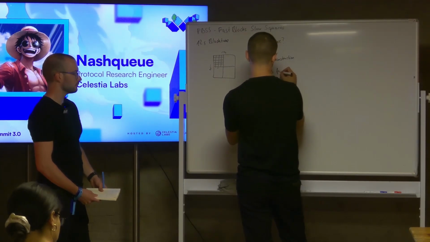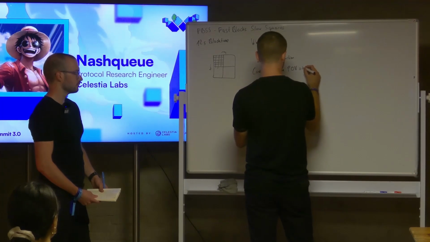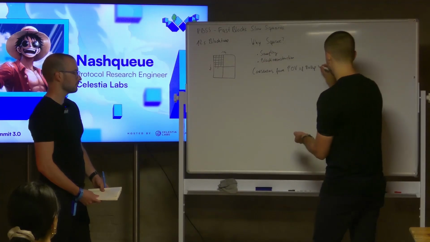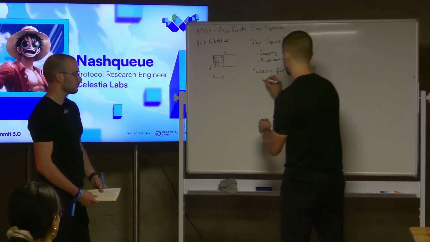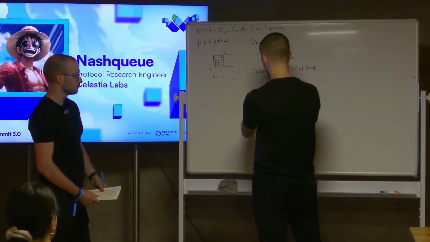From the point of a rollup, what does consensus give? It gives inclusion and sometimes an ordering guarantee.